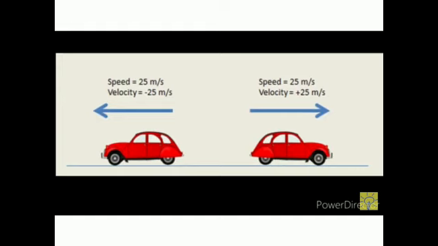Now this type of velocity is known as negative velocity, means it is decreasing with respect to time slowly and gradually. After a certain time the car stops at a position. At that position we can say that velocity is zero, means the velocity from 25 meter per second is slowly and gradually decreasing until it reaches zero.